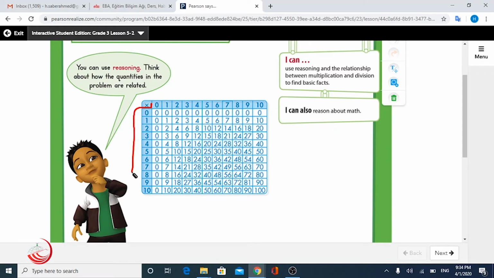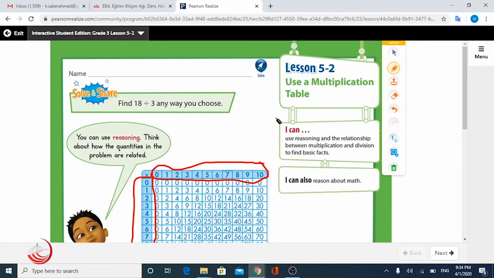The first factor is in the first column. And the second factors, where are they? They are in the first row. Okay, this is the answer, as simple as that. So the shaded column is the first factor, and the shaded row here is the second factor.